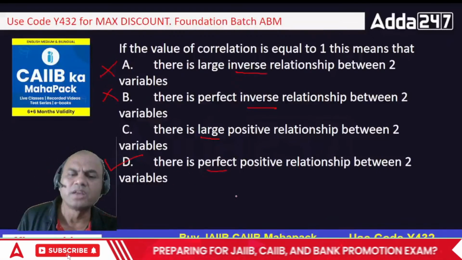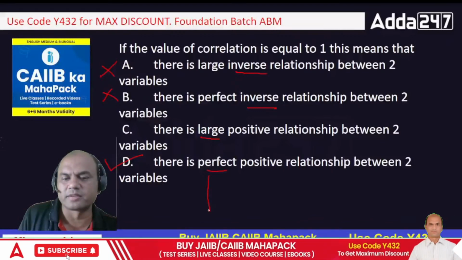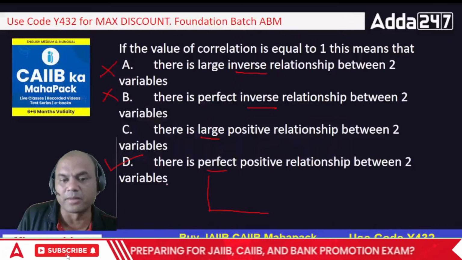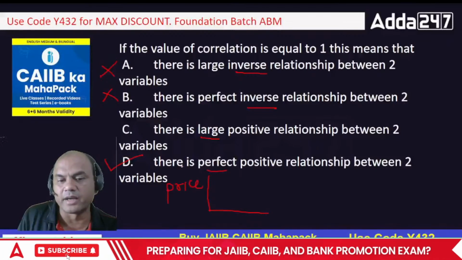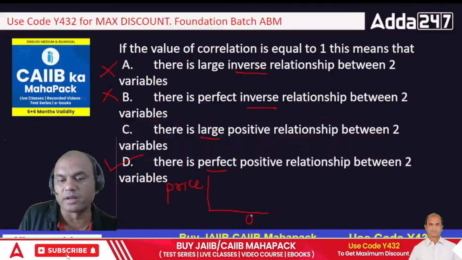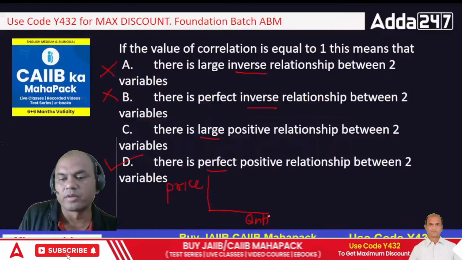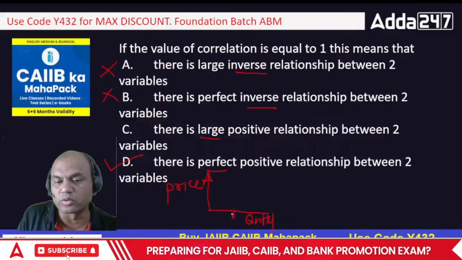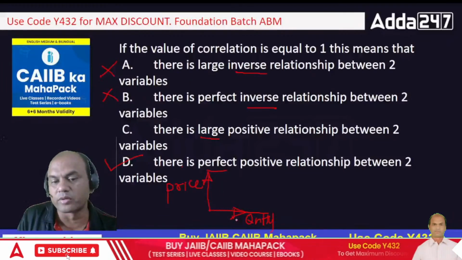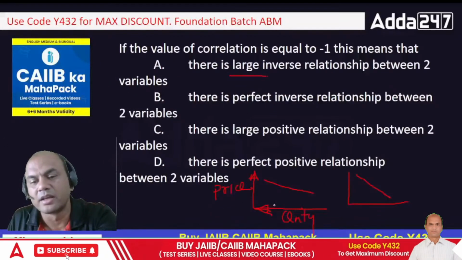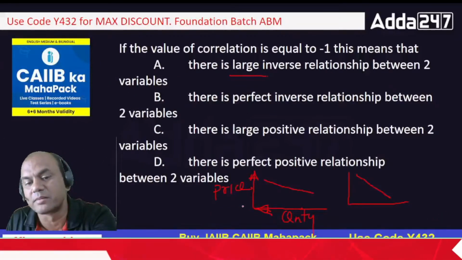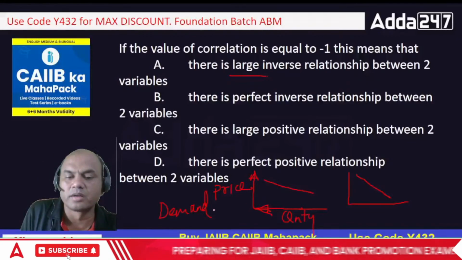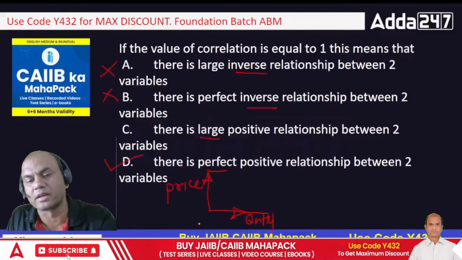Perfect. See here, I'll again draw the graphs. See this 45 degree. Now here it will be the law of supply. Supply means price and quantity supplied. So here, if price goes up, the quantity will also go up. The arrow is over here, and in the earlier figure the arrow was on the reverse side because that was the demand curve, and this is the supply curve.